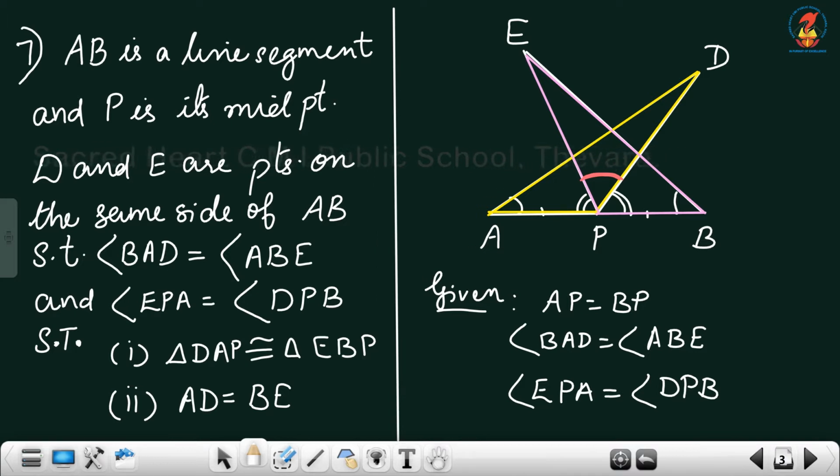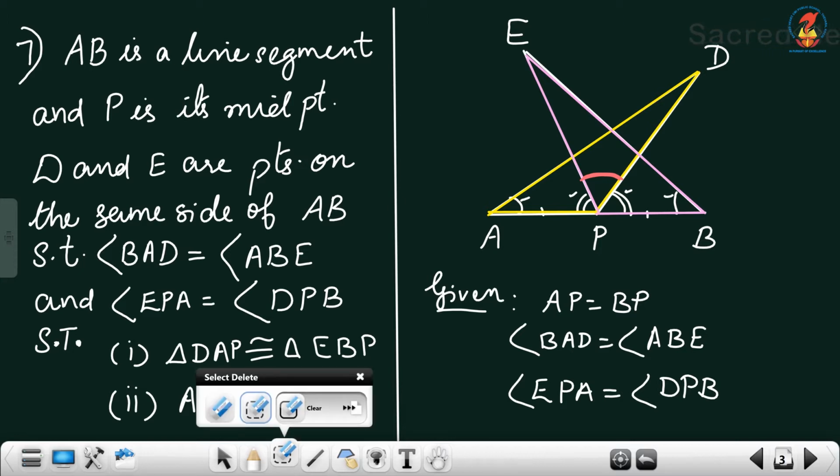I have marked this here. These two angles are equal and these two angles are equal. What we have to prove is that triangle BPE and triangle APD are congruent, and we have to prove AD is equal to BE.